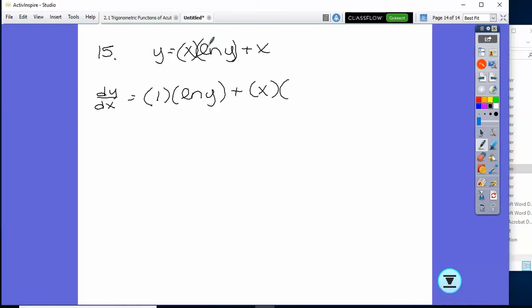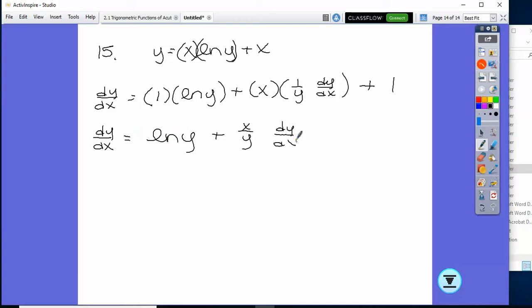Derivative of the natural log of y would be 1 over y, and it needs dy dx every time you do the derivative of a y. Plus derivative of x is 1. I have dy dx in both of these, so I'm going to put them on the same side.